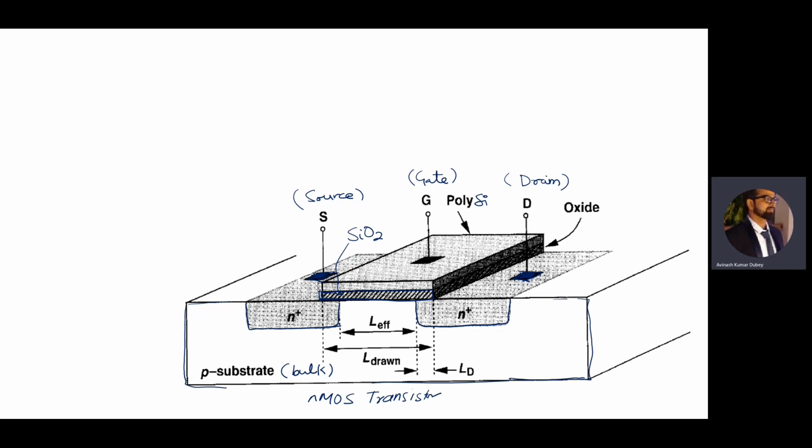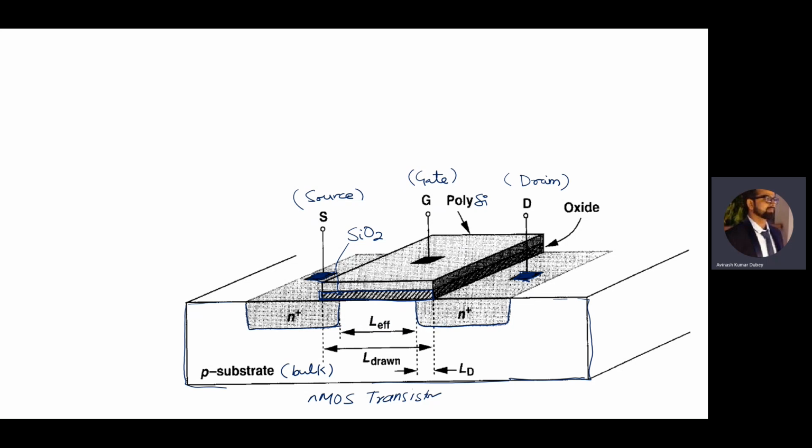But if you see, there is some region which is overlapped between source and gate and between drain and gate, like this region which is mentioned here, LD. If you remove this region from L drawn, then the effective gate length is given between the source to drain.